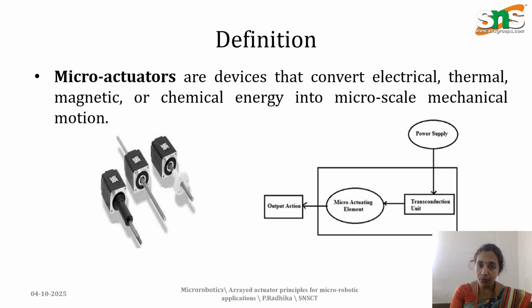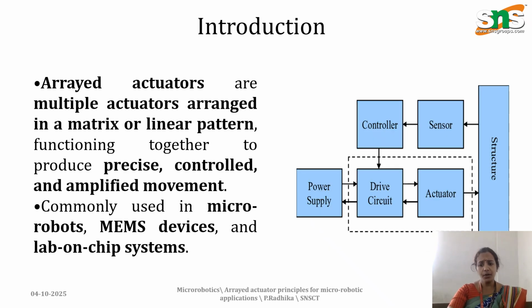That sensed information is electrical information, which is sent to the microcontroller, and then the microcontroller gives instruction to the actuator or the motor to pick the object. So every electrical signal is converted into mechanical motion, which is called the micro actuator. Here we have the block diagram of the arrayed actuator.